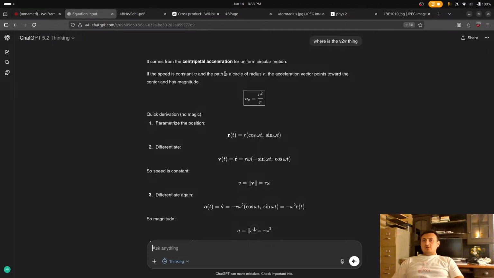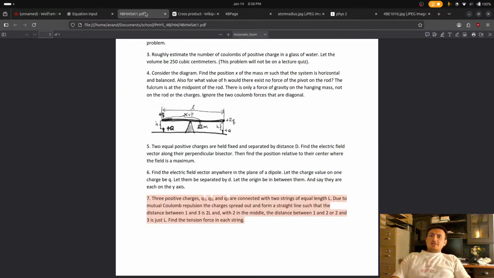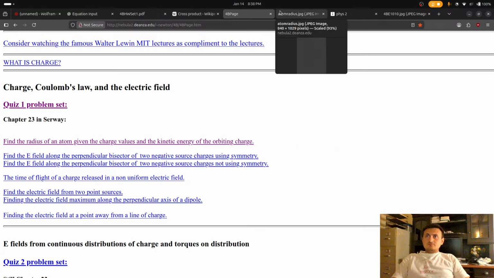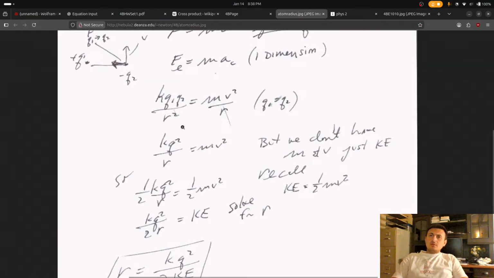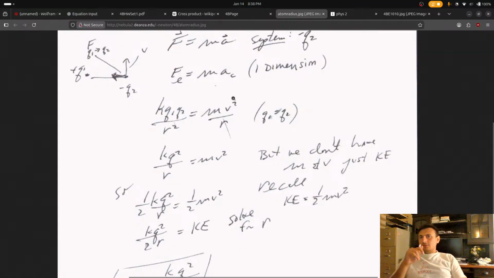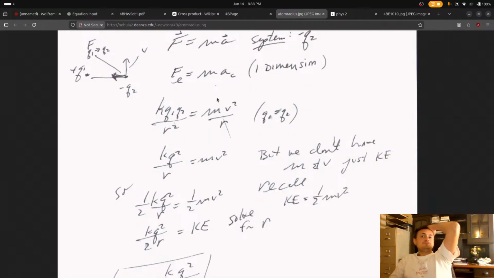V squared over R. So that's what he did. He said the force is this k Q1 Q2 over R squared. But then he's saying this is equal to m v squared over R. Oh, because this is the centripetal acceleration. I get it. I don't think I could do this problem myself.